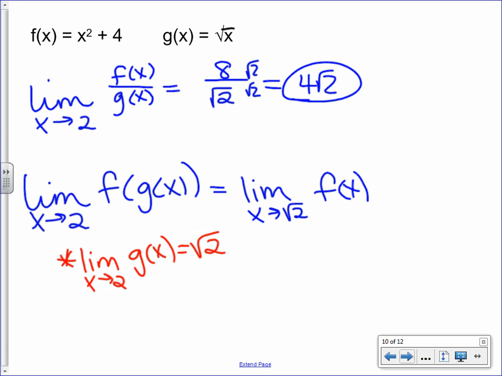Okay? So we take the limit of the inside function to give us our new c value for the outside function. So now when we use direct substitution, what's the limit as x approaches radical 2 of f of x? 6.